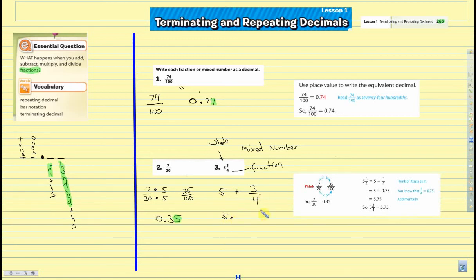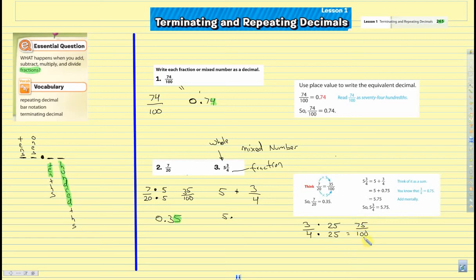But 3/4. Let's see. If you had 3/4 of a dollar, how many cents would you have? Or what can we multiply 4 by to get to 100? 25? Oh yeah, that equals 100. But what if I multiply 3 times 25? Did you get the same answer as how much 3/4 of a dollar you have in cents? Yeah, you'd have 75 cents.